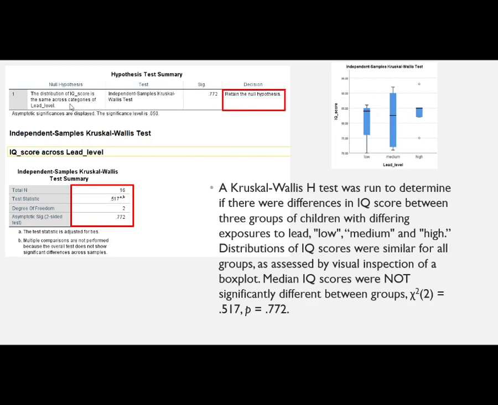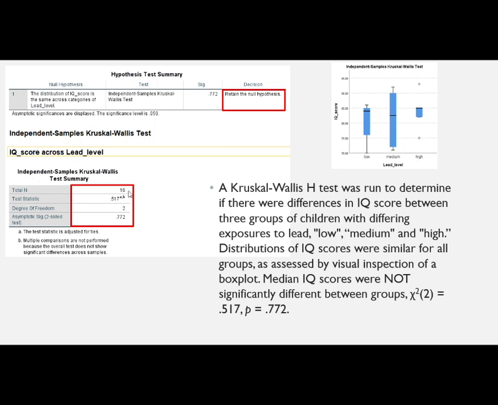And our hypothesis is that the distribution of IQ scores is the same across categories of lead level. And we retain the null hypothesis. We say that they are the same. And it tells us it ran an independent samples Kruskal-Wallis test. And here are our test statistics. It gives us a box plot.